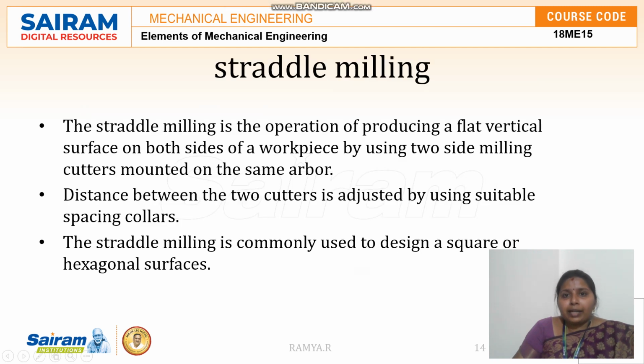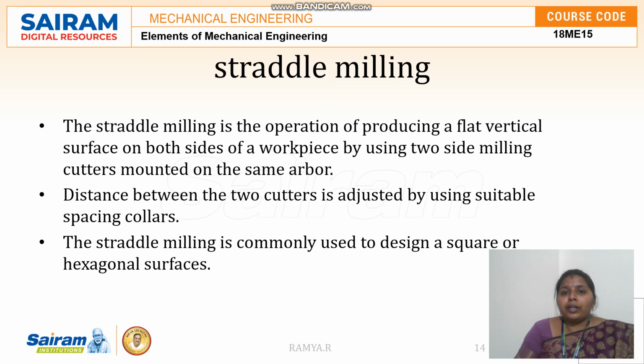Next is straddle milling. Straddle milling is used when the same operation has to be done simultaneously more than once in the same workpiece. If we do the operation first, then remove the workpiece and place it in another position and repeat the same process, it's a waste of time.